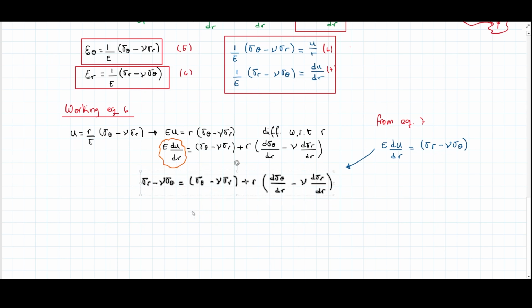So I can copy this and repeat it here, and then I can delete this equal. And then definitely what this is going to end up being is that I have this thing here, I have minus this thing here.